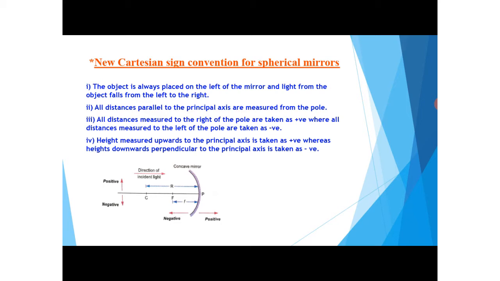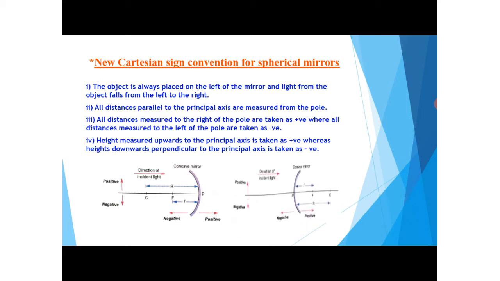So we conclude that in a concave mirror, the heights of real and inverted images, which are below the principal axis, are always negative, and the heights above the principal axis, which is the case for virtual and erect images, are taken as positive.